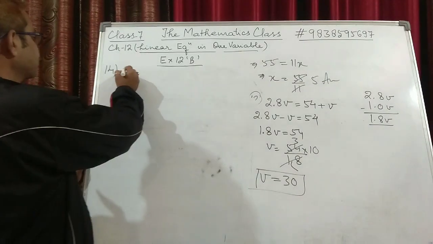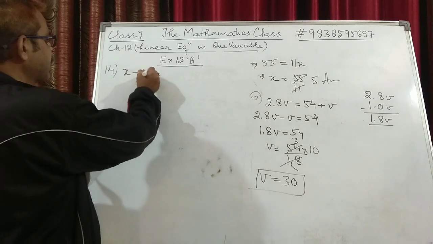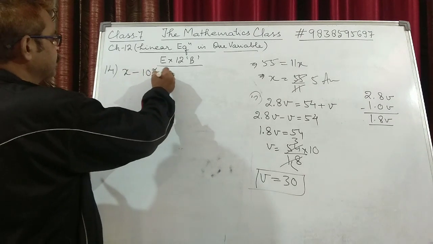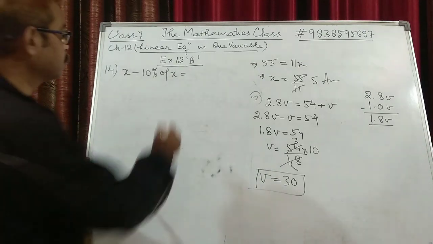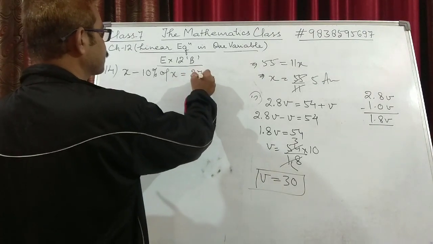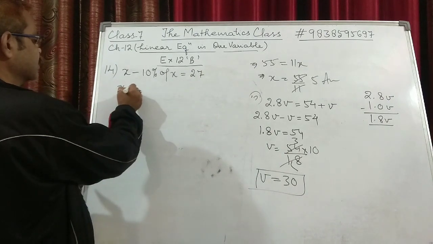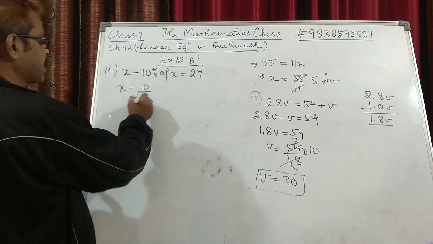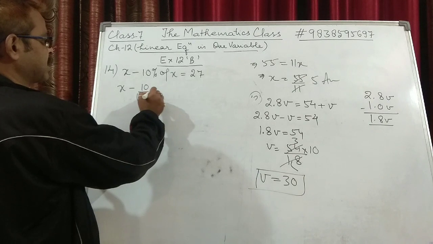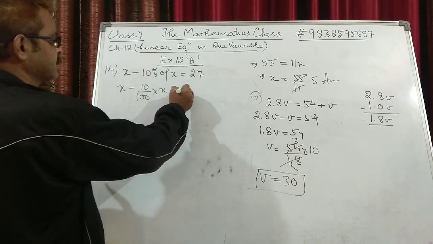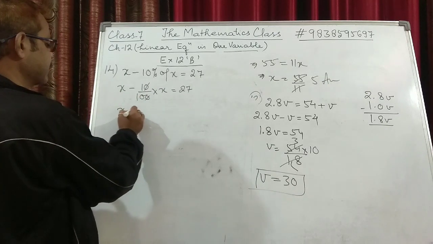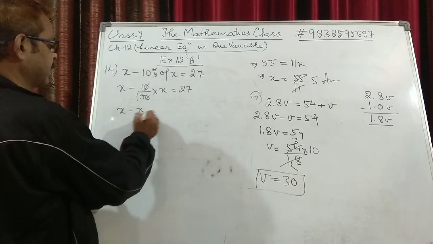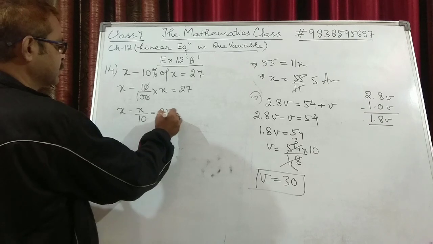Now the 14th question says x minus 10% of x is equal to 27. So it is x, 10% means 10 upon 100. Of is written as multiplication, of x is like this, and 27. 0 0 cancelled, it came as x minus x upon 10 is equal to 27.